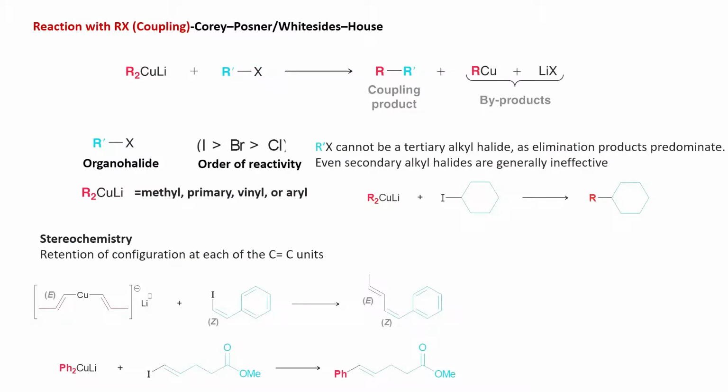So some of the reactions of this organocopper lithium complex are the Corey-Posner reaction, which is also known as the Whitesides-House reaction. When you treat your organocopper compound with an organohalide, you will get a coupling product and some byproduct.